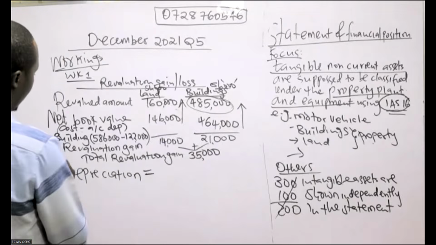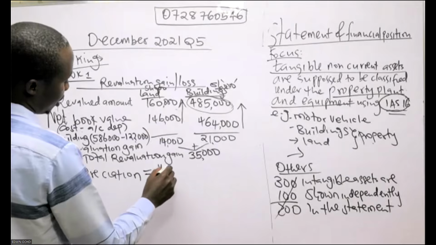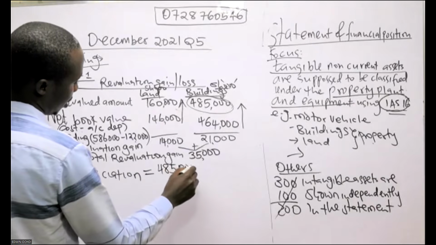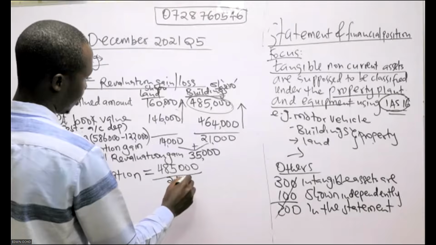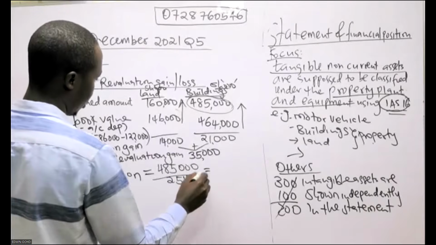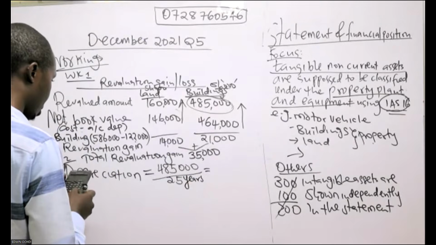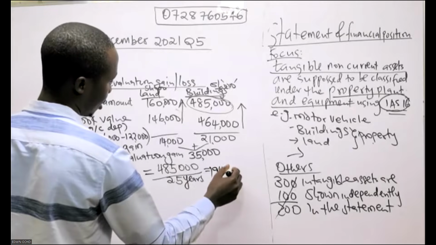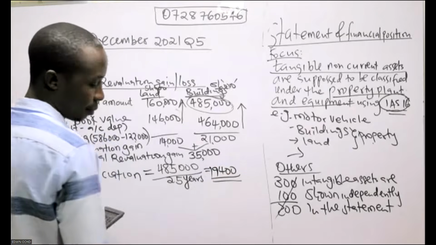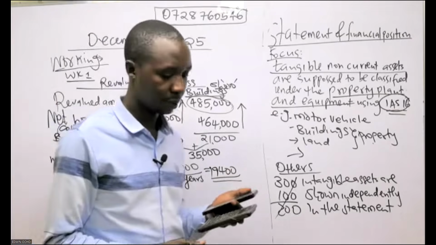So working two: that is the amount after revaluation divided by the remaining life of 25 years. So 485,000 divided by 25. We are getting 19,400. Next.